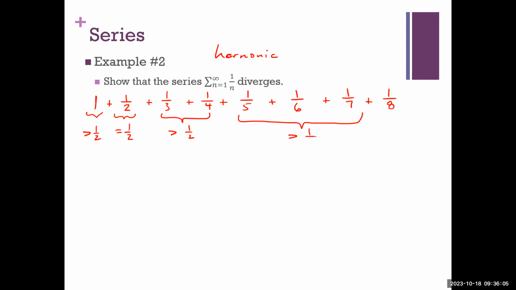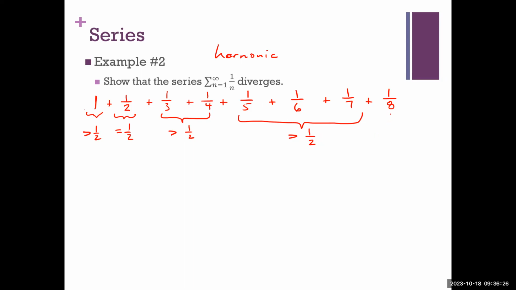Okay, so greater than a 1/2, right? So even though the terms are all getting smaller, so 0.5, 0.3 repeating, 0.25, 0.2, 0.17, 0.14, they're all getting smaller, but the rate matters.